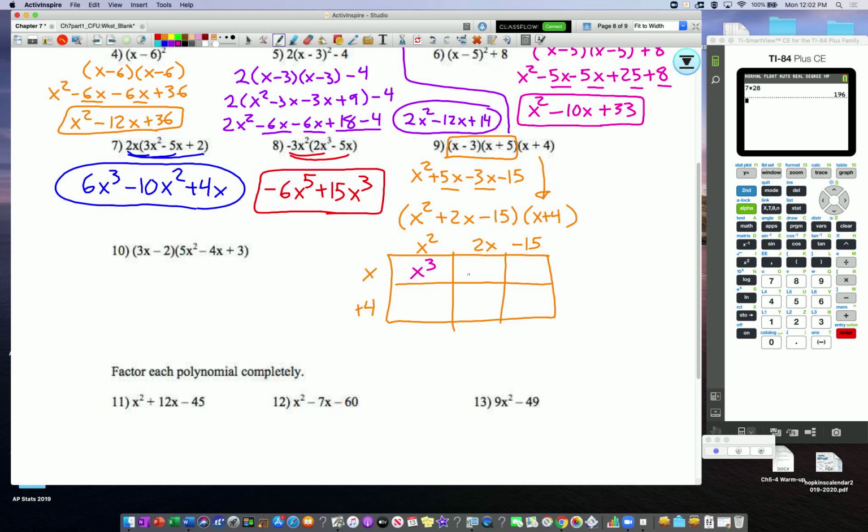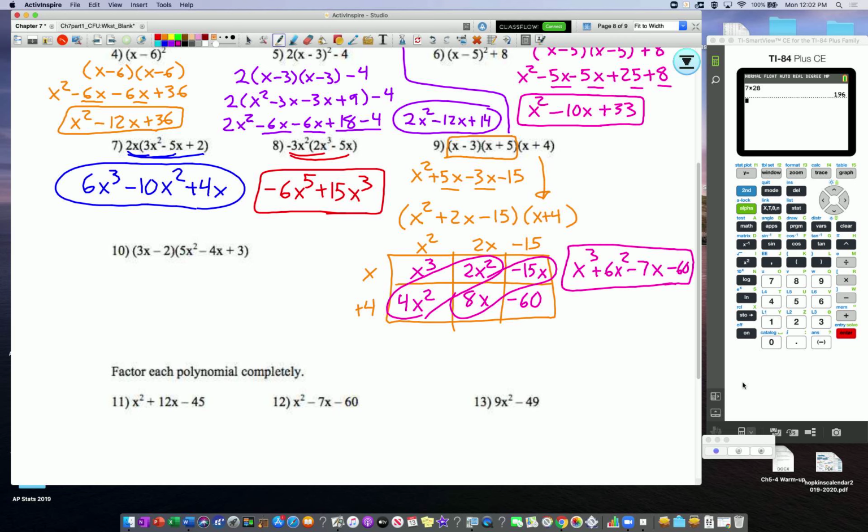I get x cubed, 2x squared, minus 15x, 4x squared, 8x, minus 60. Combine your like terms, x cubed, 6x squared, combine those, minus 7x, and minus 60. How about that?